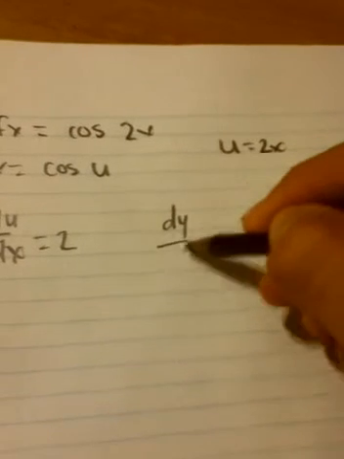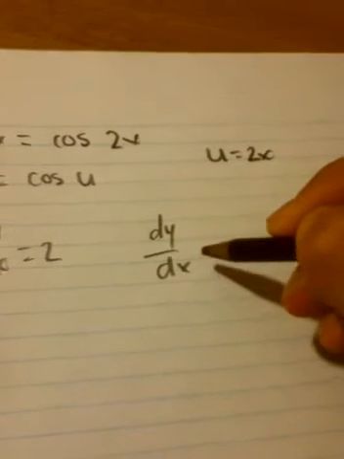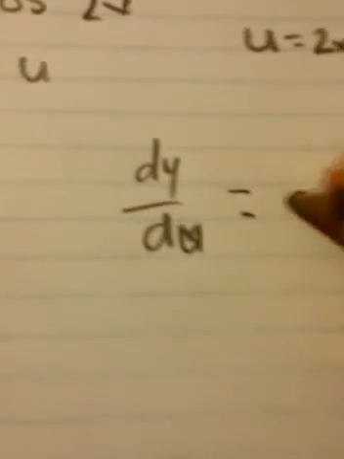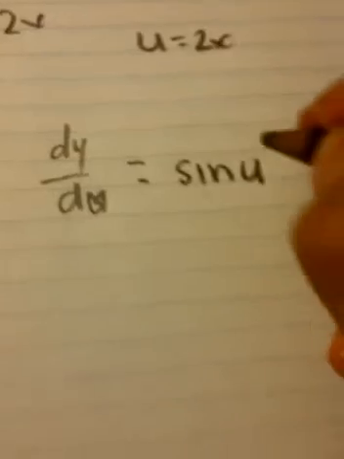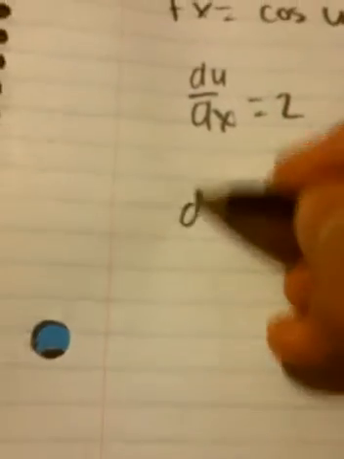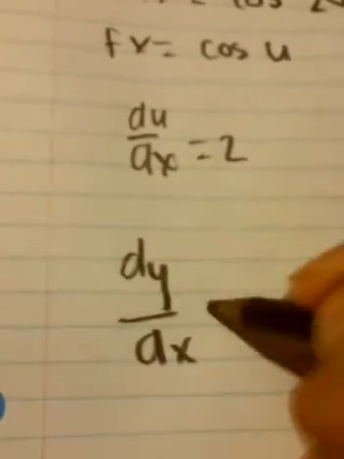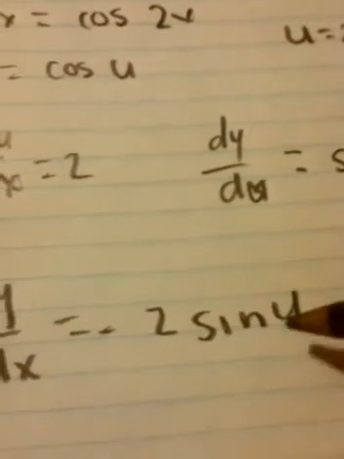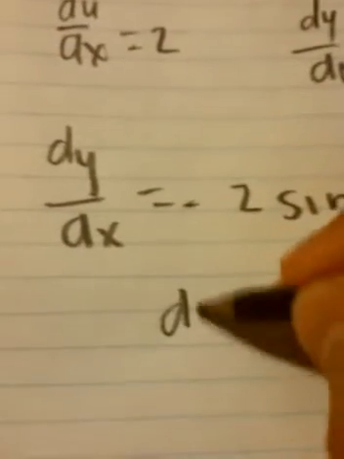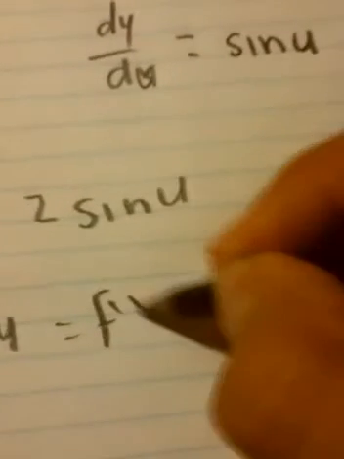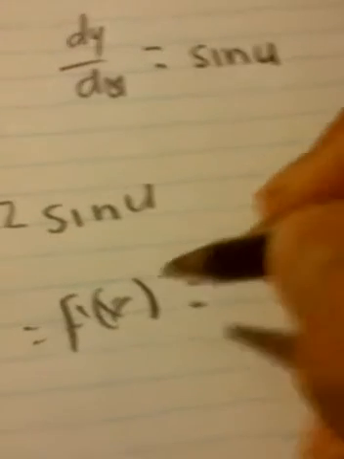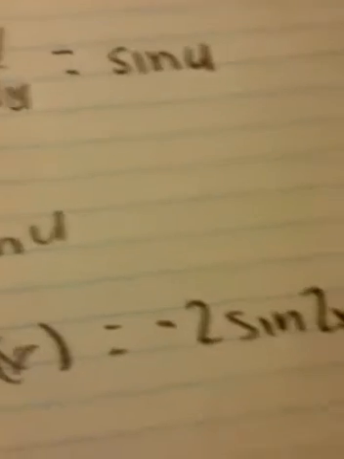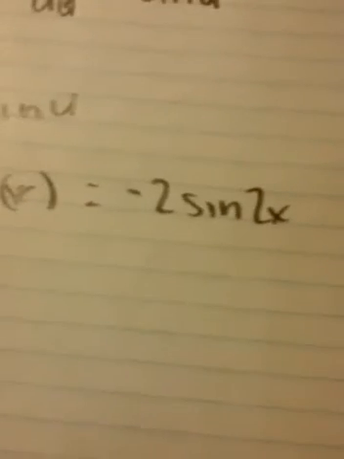And dy over du equals negative sine of u. So now dy over dx will equal -2 sine of u. And the final answer, f prime of x equals -2 sine of 2x. And that's the final answer.